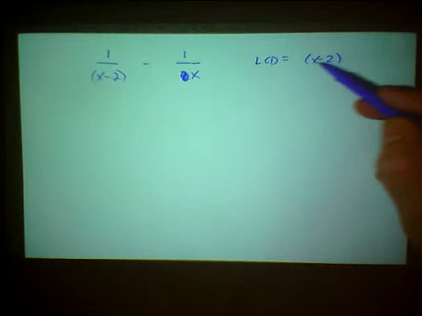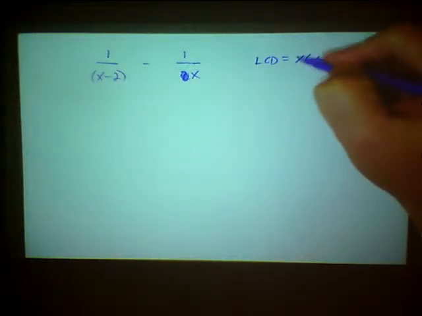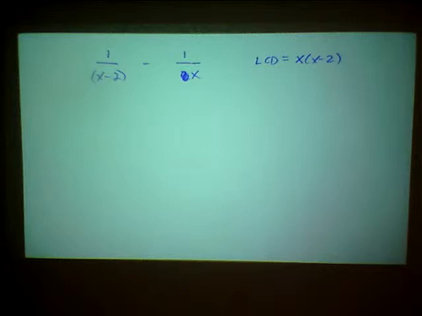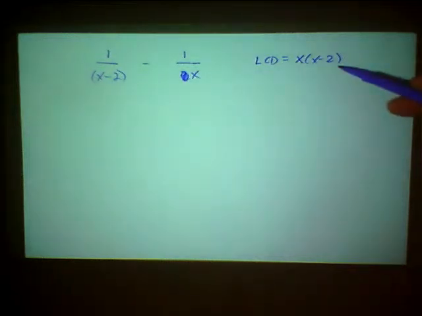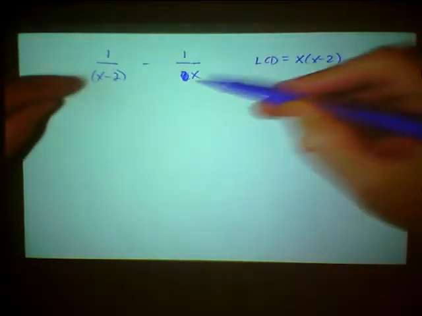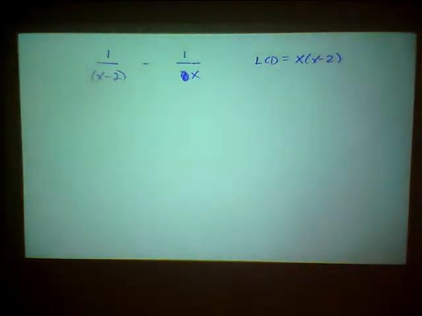There's an x in here, but this x in here is part of this x minus 2 factor. That's not the same thing as having x. So what do I do? I have to include the x. And now the LCD of these two denominators is x times x minus 2. Hopefully you can see I've sort of combined these, but in this case I did not repeat.